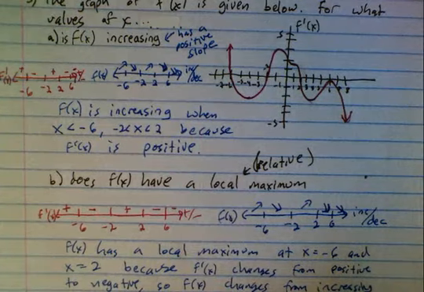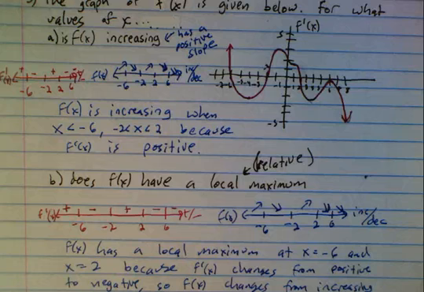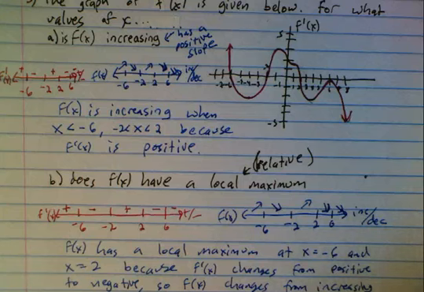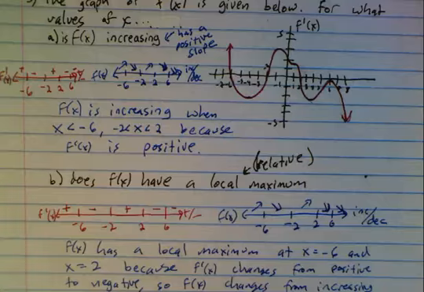decreasing until x equals -4, increasing until -1, decreasing with a little sort of pause at 1 where it flattens out until 4, increasing until 6, and then decreasing after that.